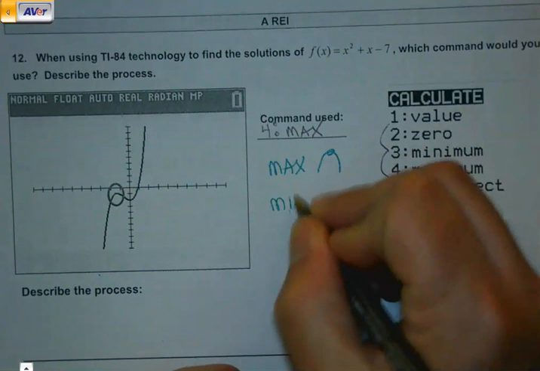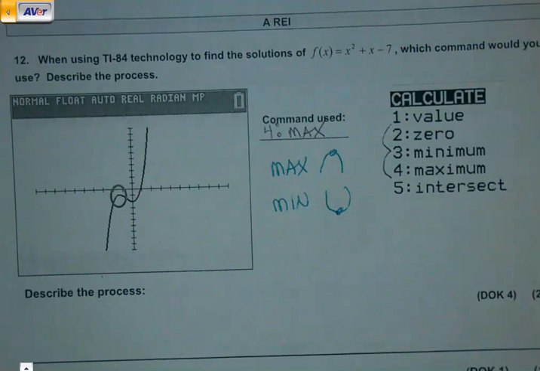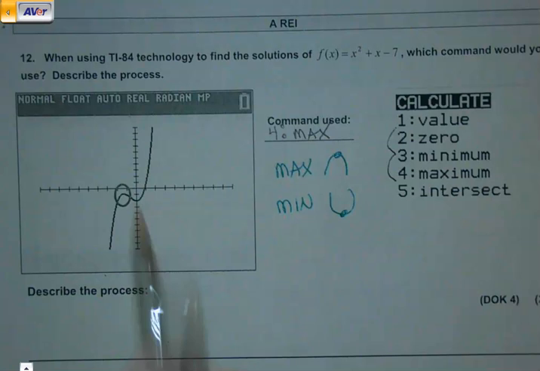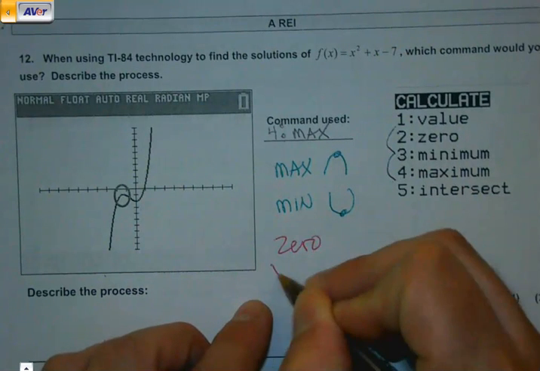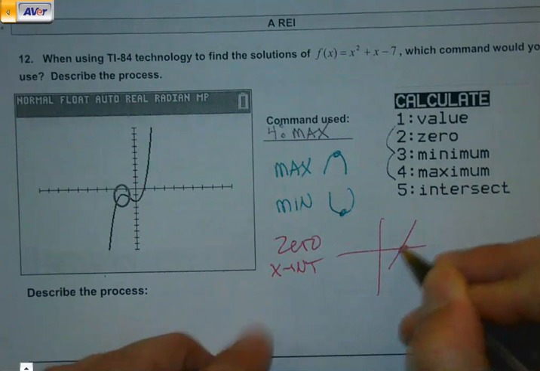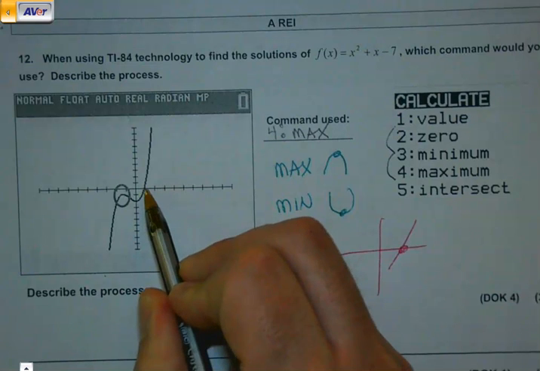If something's a minimum, it's going to be down at the bottom. So if I would have circled this, that would have been an example of a minimum. And then zeros are just fancy names for x-intercepts. So if I would have circled that, that would have been the zero.